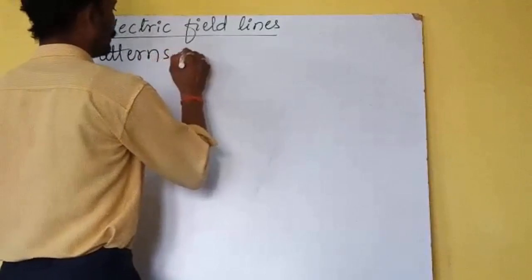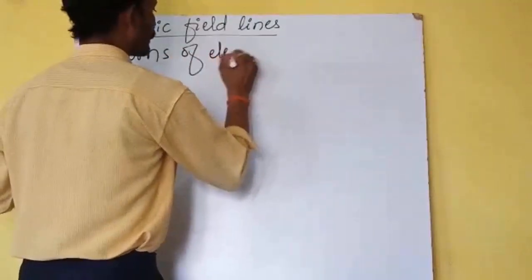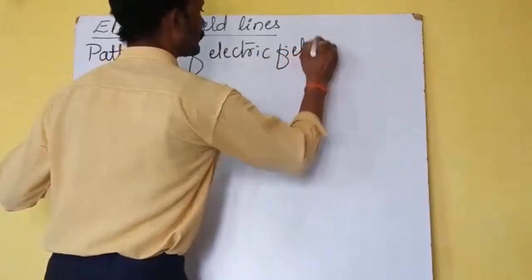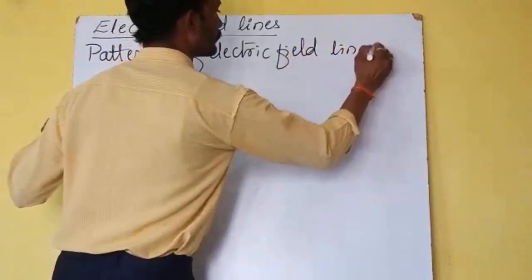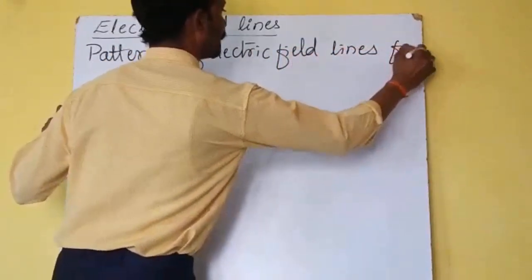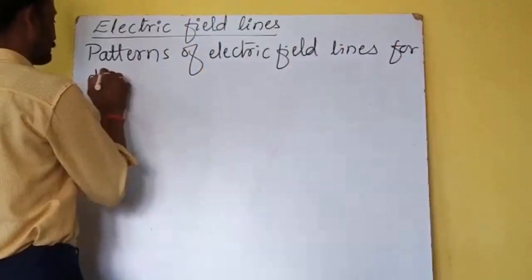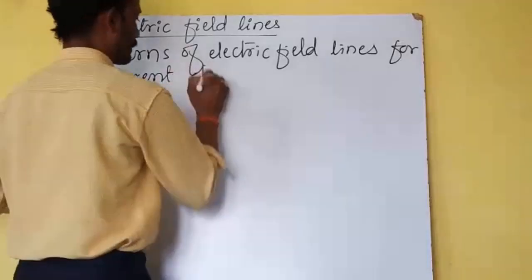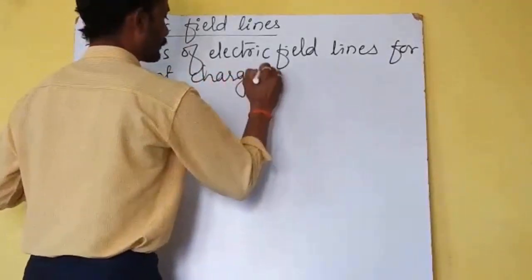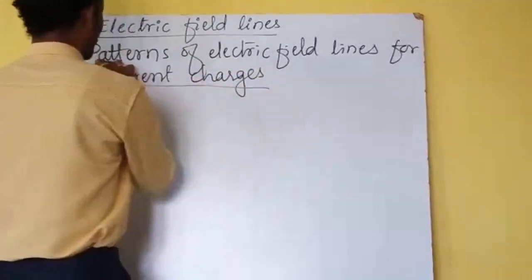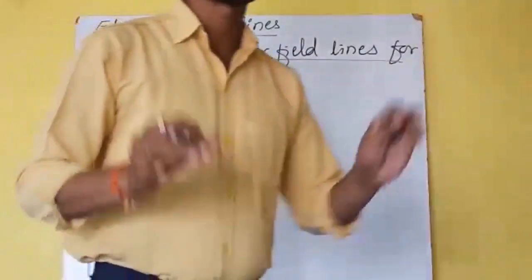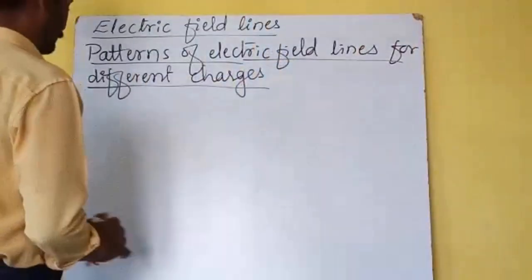Patterns of electric field lines for different charges. See how we can represent these electric field lines to represent the electric field.